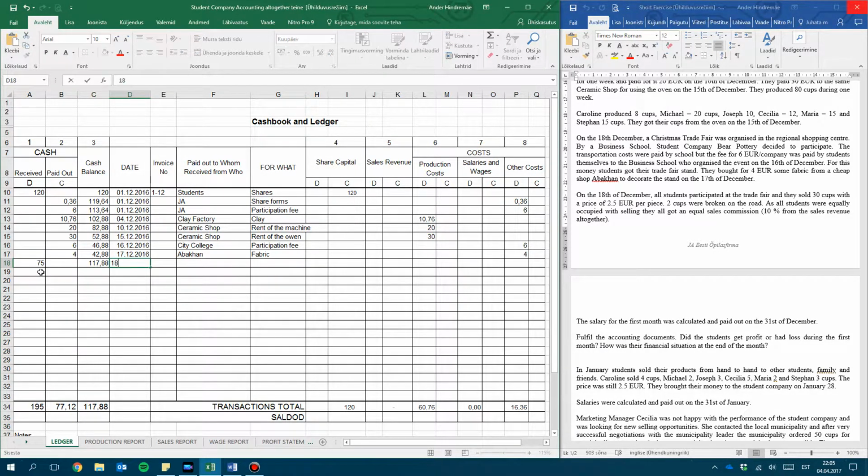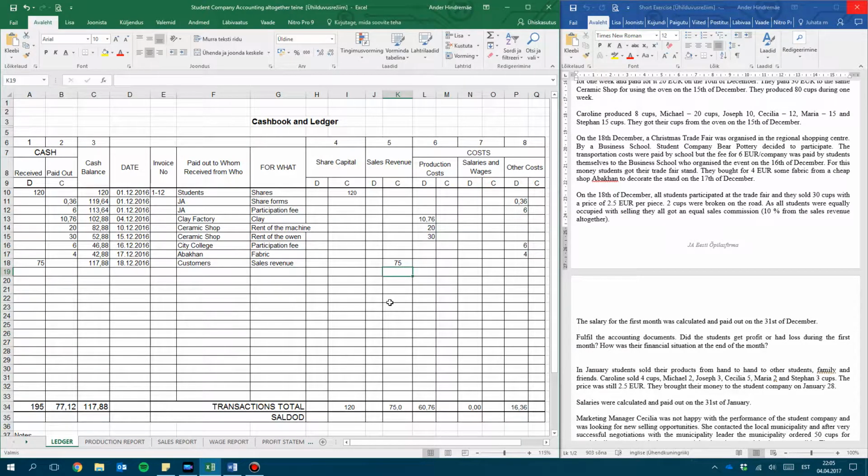The date for the trade fair was 18/12/2016. And the money came from customers. And it is sales revenue. And here we have a sales revenue account as well. So here we debited the cash. Now we will credit it.